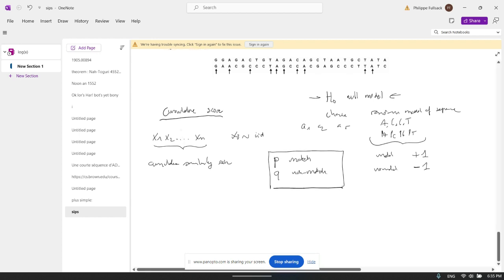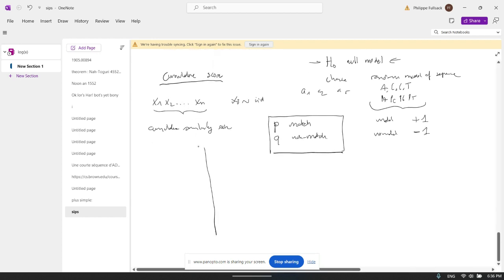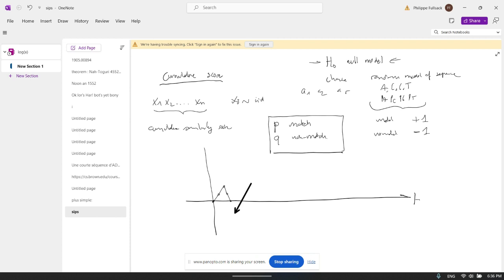So when I progress with my comparison, I can picture what's happening as a random walk. What I'm showing here is the score on this axis, and time or position on the other.